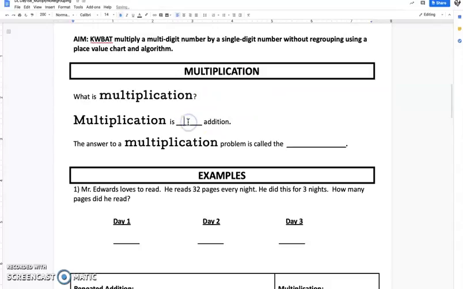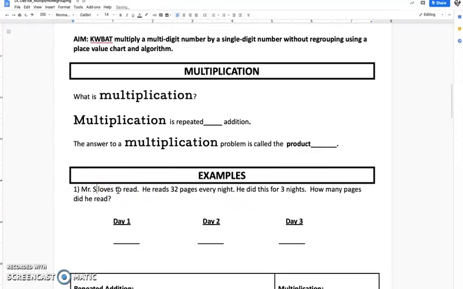Multiplication is repeated addition. Now, the answer to a multiplication problem is called a, you are absolutely correct, it is called a product.